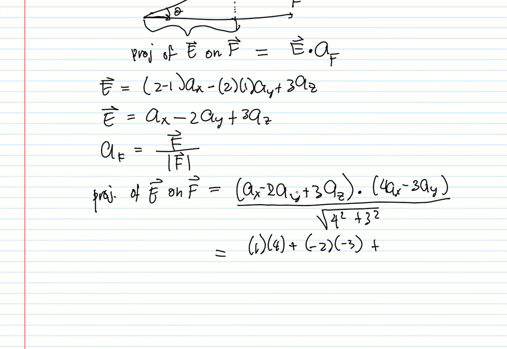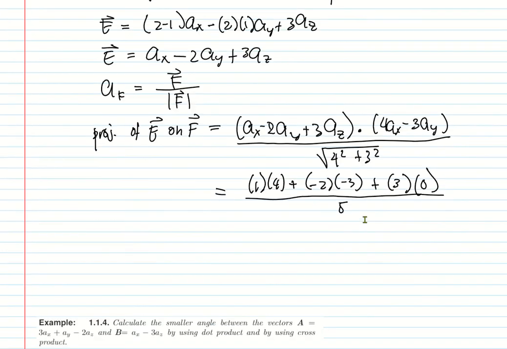Then lastly, plus for az, 3, and at the other vector we don't have a z component. That means the z component is 0. So 3 times 0. Then we divide this by the square root of 4 squared plus 3 squared. So this is now the projection. If we compute this, 1 times 4 is 4, plus 2 times 3 is 6, 6 plus 4 is 10, divided by 5, it's equal to 2.